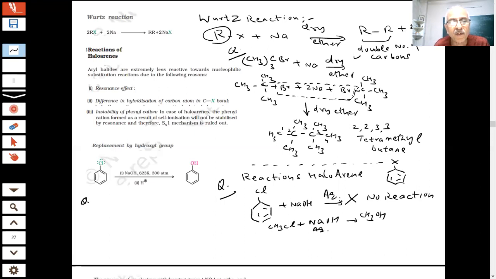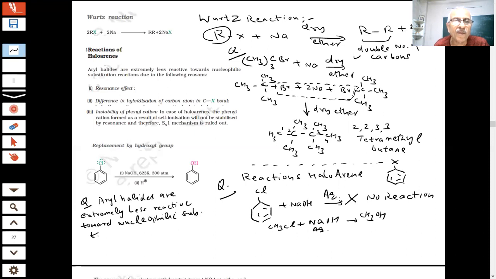Aryl halides are extremely less reactive towards nucleophilic substitution than alkyl halides.